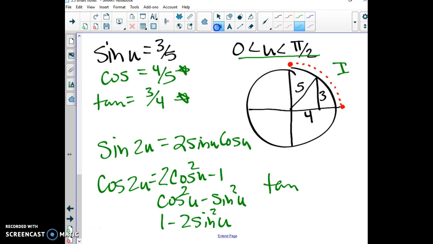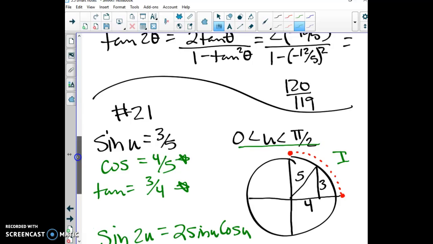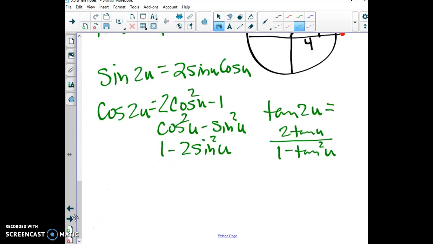And the tangent has one option, 2 tangent of u all over 1 minus tangent squared. So we're going to plug those values in that we just found and calculate when you get to the bottom of that problem, problem number 11. Nope, 21, excuse me. Number 21, you should be able to come up with this.